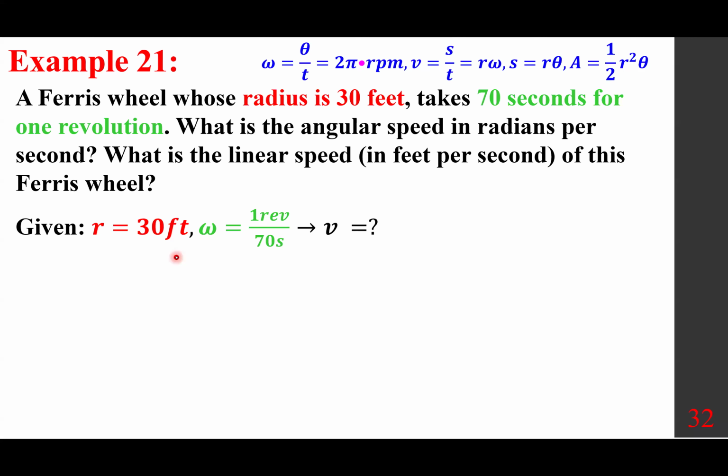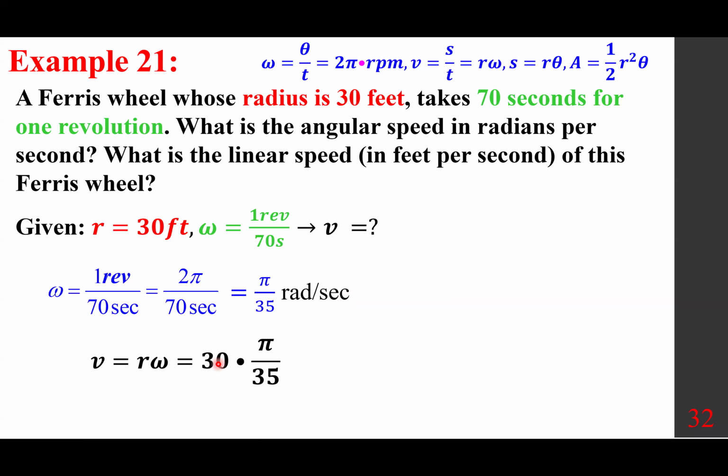The first thing we need to do is change the units for omega from revolutions to radians, so we multiply by 2 pi. So 1 revolution per 70 seconds equals 2 pi over 70 seconds, or pi over 35 radians per second. V equals R omega.